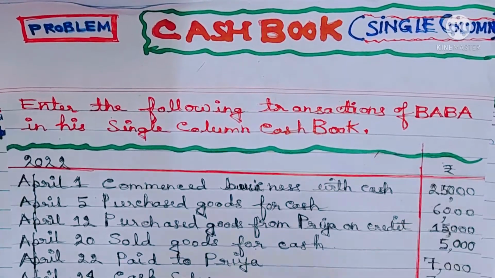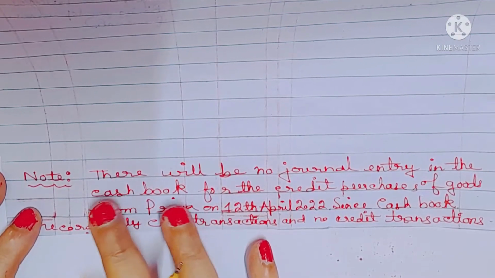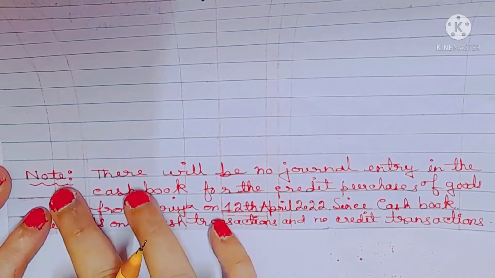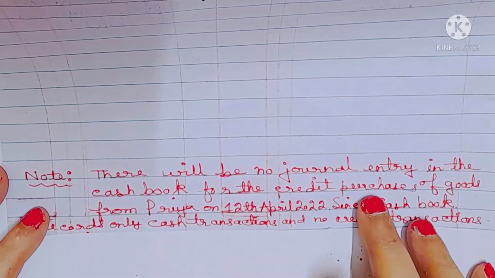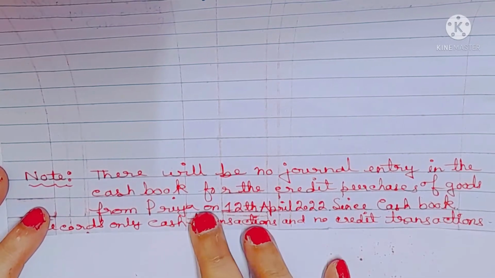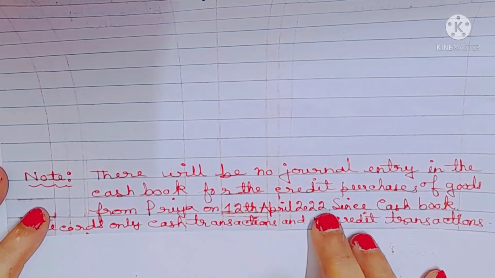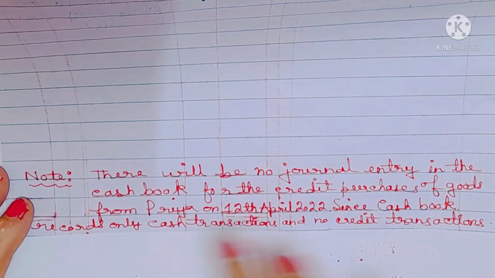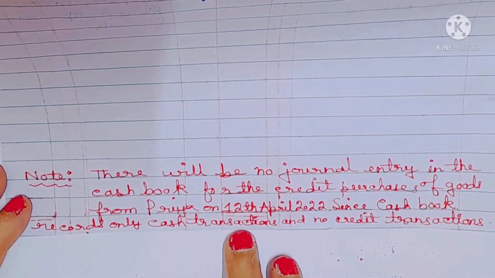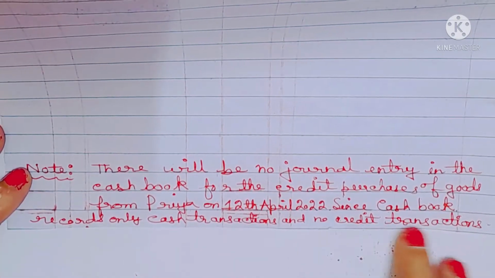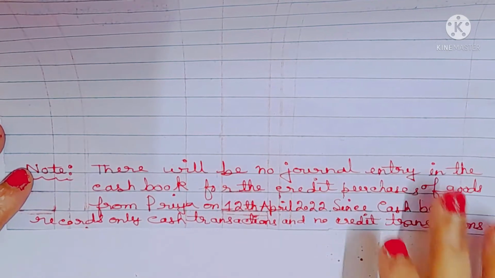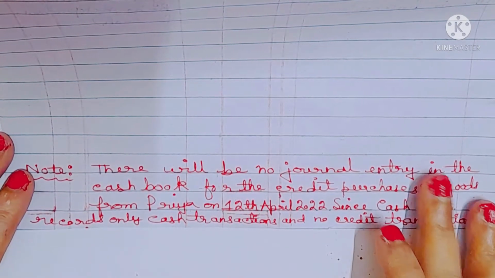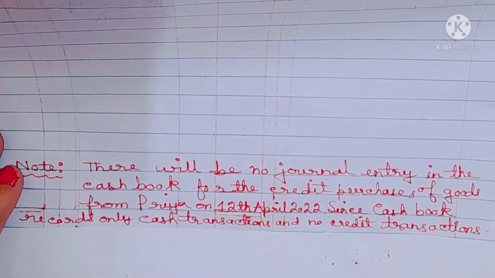Let me show you. Say, note, there will be no journal entry in the cash book for the credit purchases of goods from Priya on 12th April 2022, since cash book records only cash transactions and no credit transactions. Okay, understood? So let's see the next transaction.